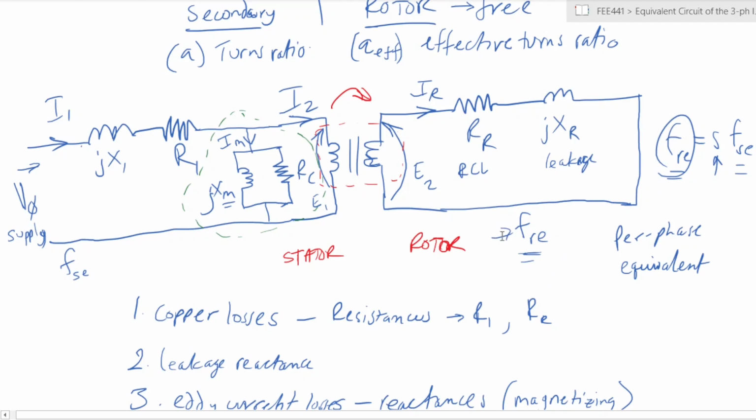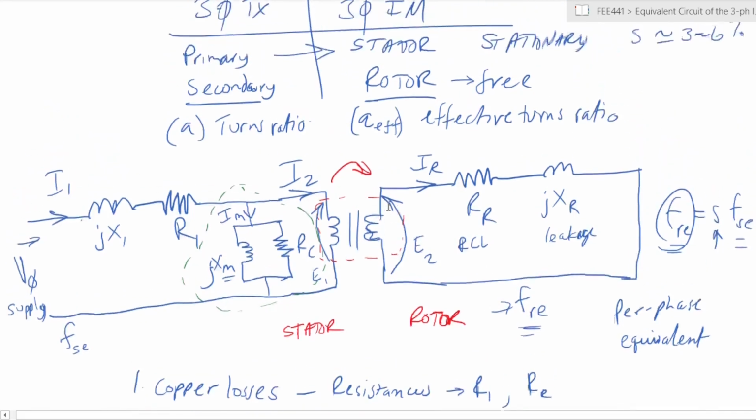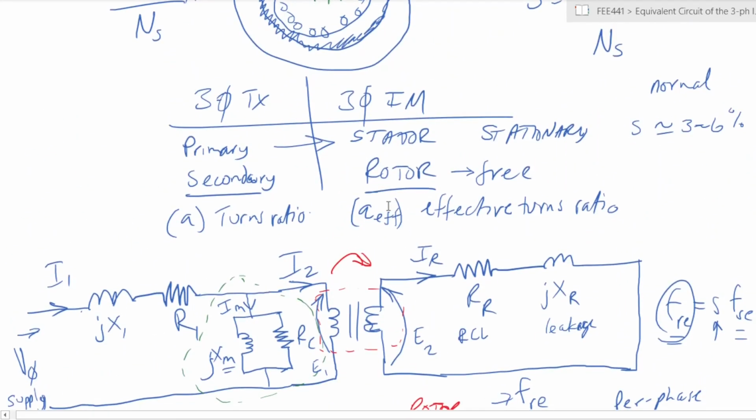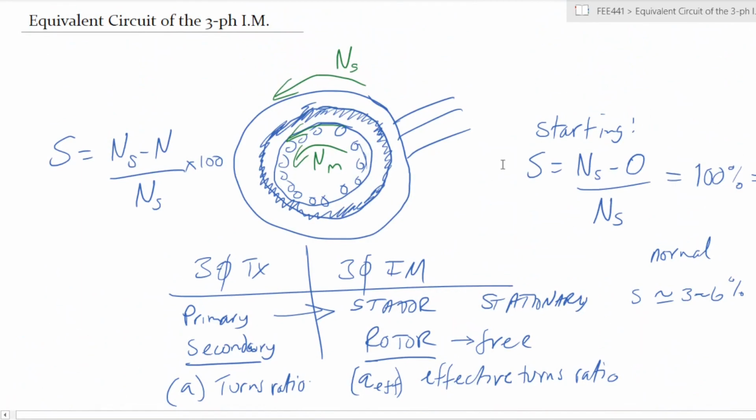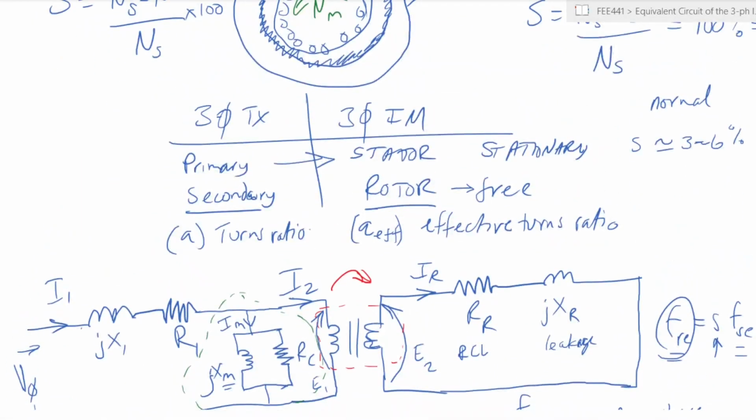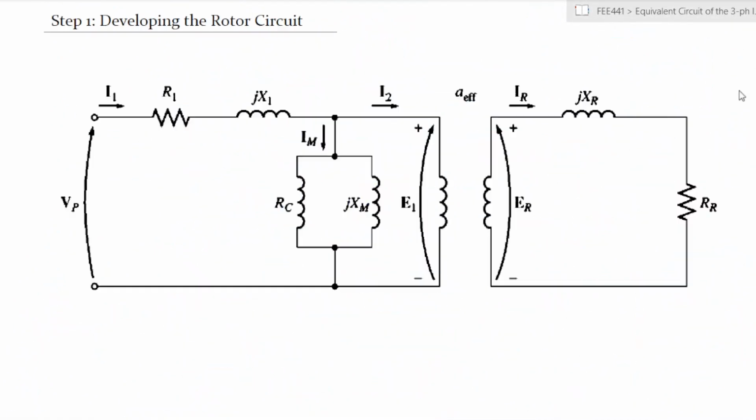Okay. So here we have essentially created the equivalent circuit of the induction motor, based on what we already saw as an analogy of the three-phase transformer. Let's look a bit more at it. Let me show a pre-drawn one.